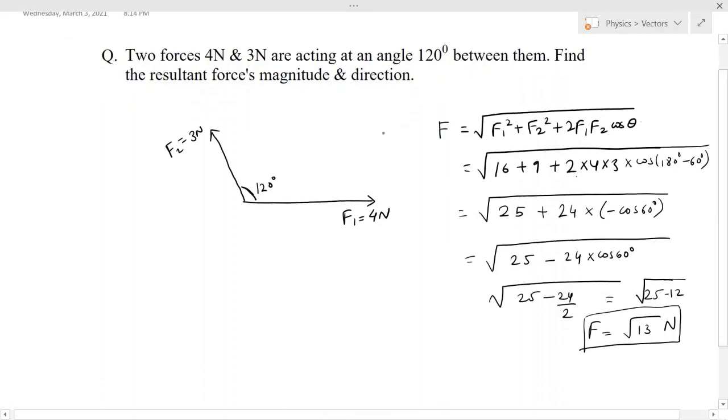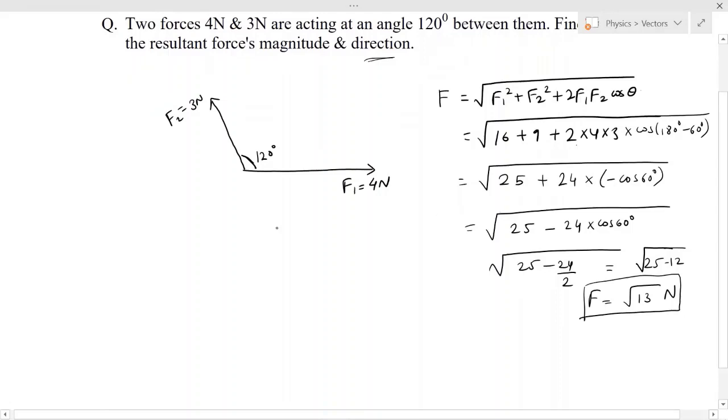Now they have also asked for the direction of the resultant vector. So let's calculate tan alpha. So tan alpha is equal to b sin theta upon a plus b cos theta. What is b here? b is F2 and a is F1. So this becomes F2 sin theta, that is 3 into sine of 120 degree divided by F1 plus F2 cos theta.